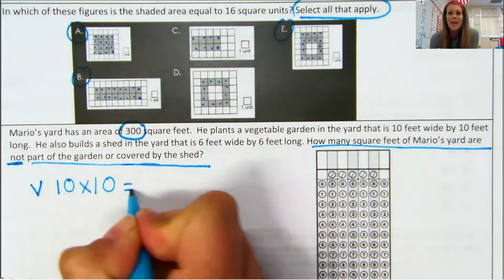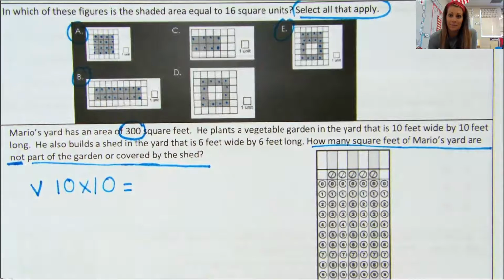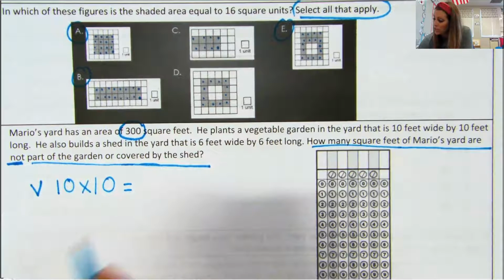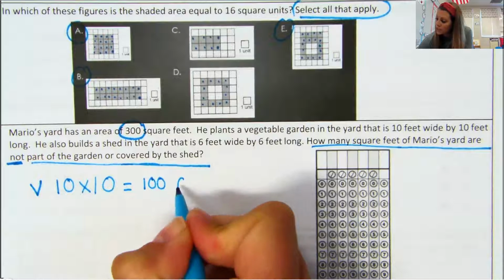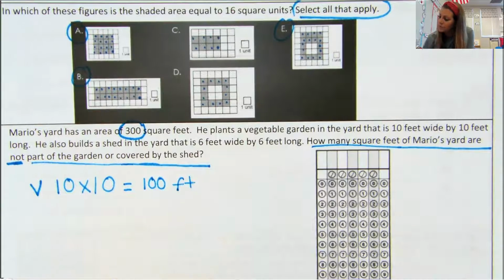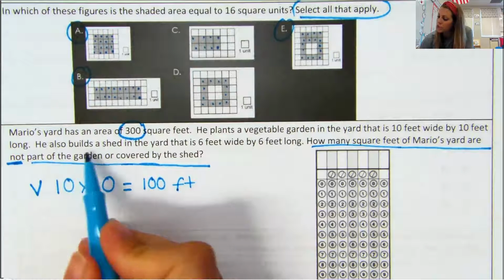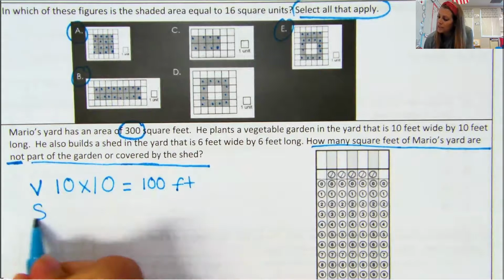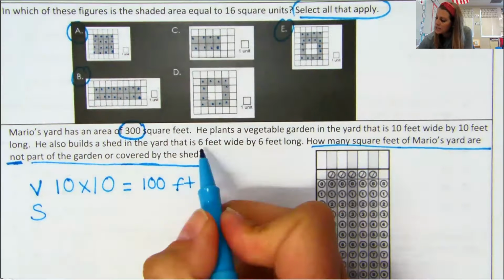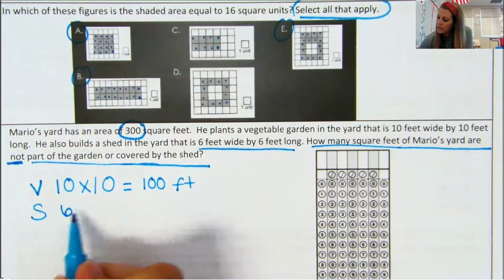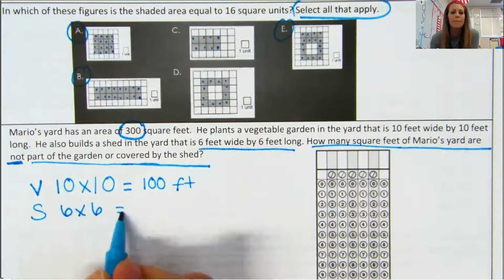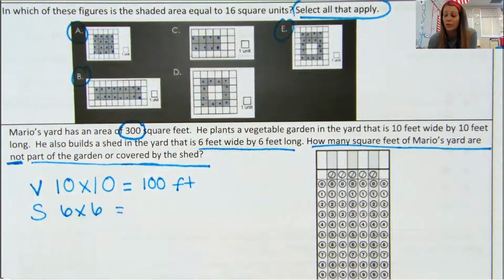What is 10 times 10? 100, right? So his vegetable garden is 100 square feet. He also builds a shed in his yard that is 6 feet wide by 6 feet long. 6 times 6 equals what? 36.